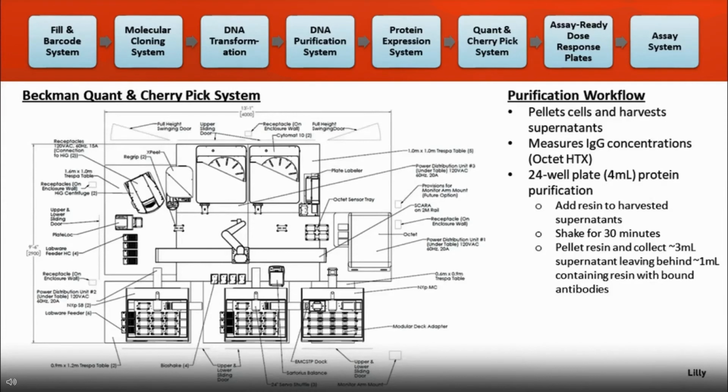Then what we would do is pellet those beads of resin in the high-G centrifuge. And then where you typically have roughly 4 mils of sample and resin in the plates at that point in time, you've pelleted the resin, so it's in a pellet at the bottom of the well, and we take off the roughly 3 mils of supernatant remaining on top of that.